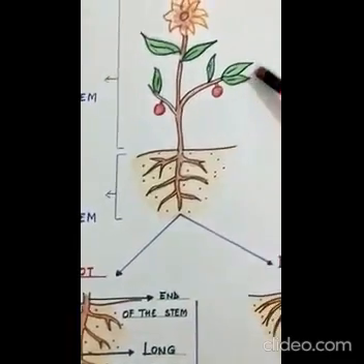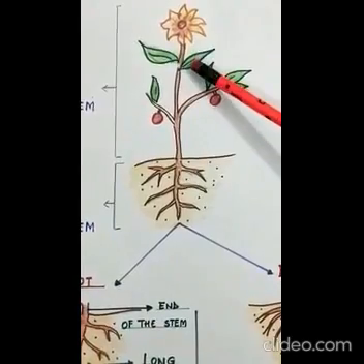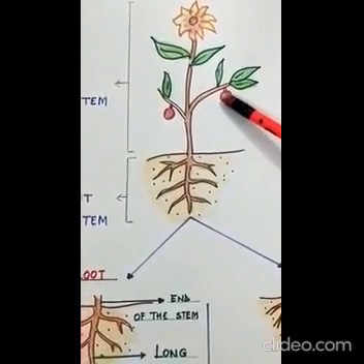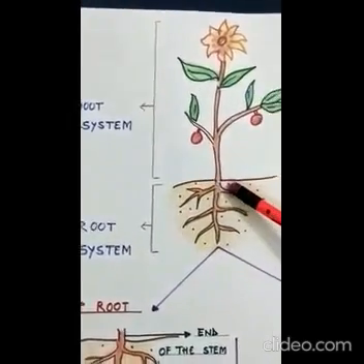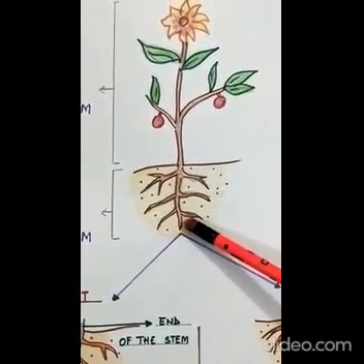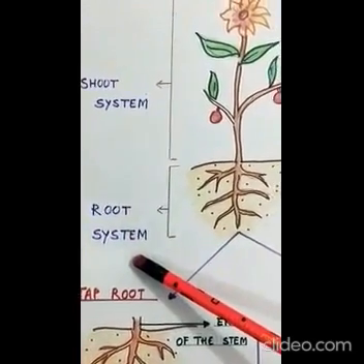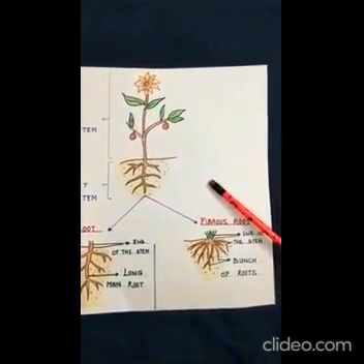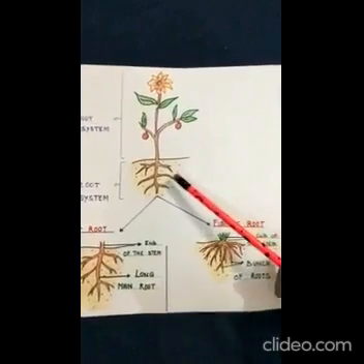All the parts that are above the ground, flowers, leaves, stem, fruits and bud, they form shoot system, and the part that is below the ground, which we cannot see from up, that is root system. Now let's study about the different parts of the plant in detail. And the first part is root.